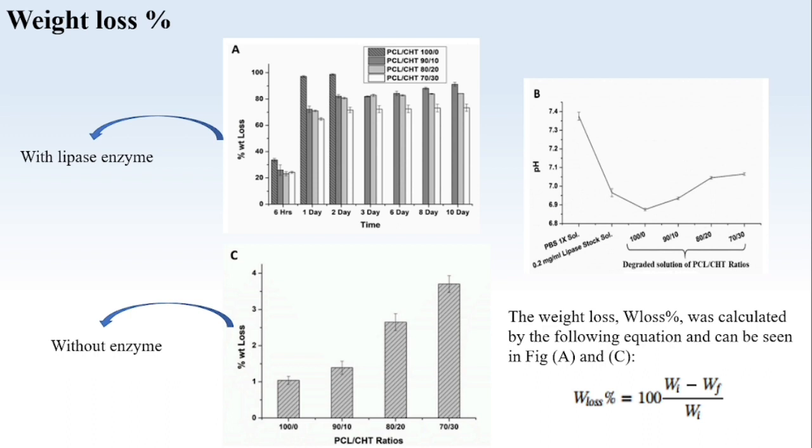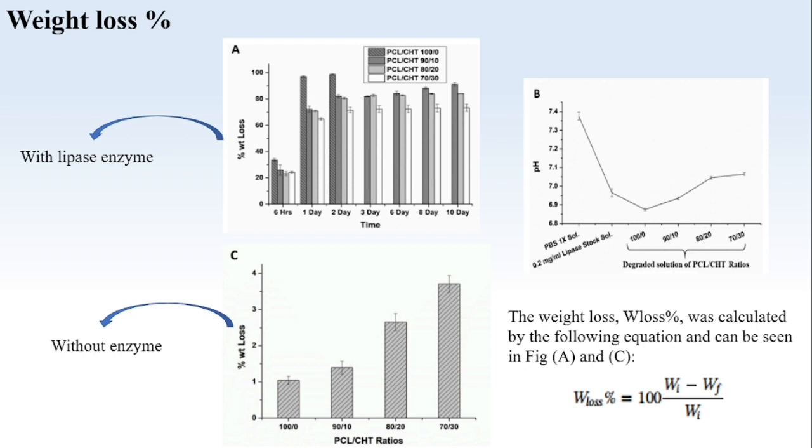PCL degraded within 48 hours due to the high enzyme concentration used, which is 7 U per milliliter, significantly higher than the physiological condition. The enzyme could easily diffuse through the porous scaffold, leading to faster degradation compared to non-porous scaffolds. And Fig C is the weight loss of the sample without the enzyme after 90 days.